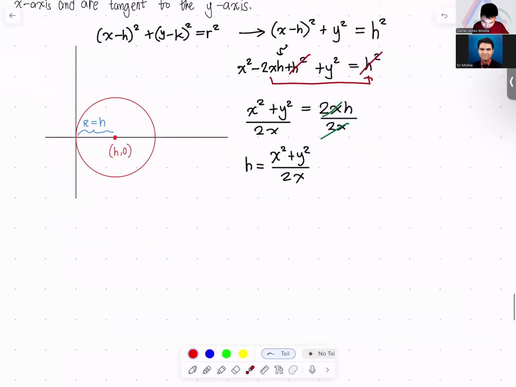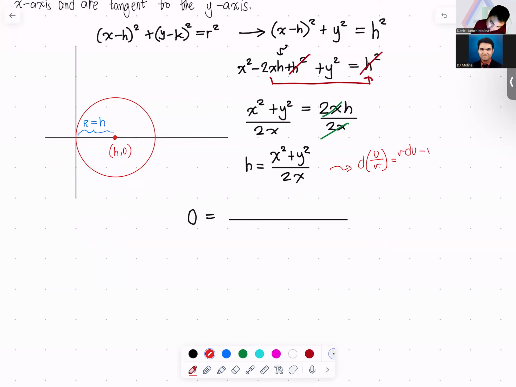By differentiating this, of course, the left-hand side becomes 0. And how do we differentiate this expression? It is already a quotient, so we'll use the quotient rule. From the quotient rule, we have v du minus u dv over v squared, right?